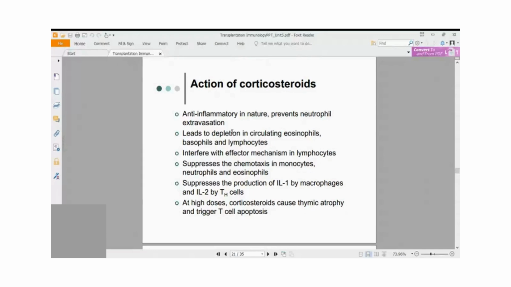They come to the site of the inflammation, attach themselves to the blood vessel, and that attachment process I had explained as margination. They then squeeze out of the blood vessels, a process I had explained as extravasation or diapedesis. So the arrival of the neutrophils to the site of inflammation, attachment to the blood vessels and extravasation, all that is prevented and inhibited by the corticosteroids.